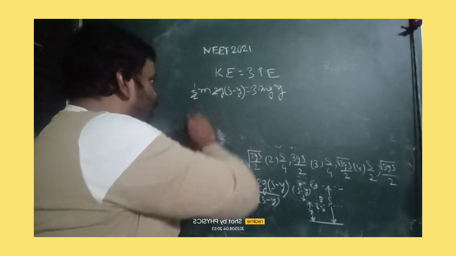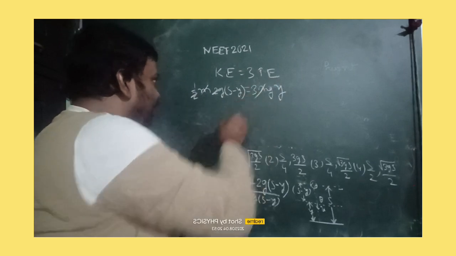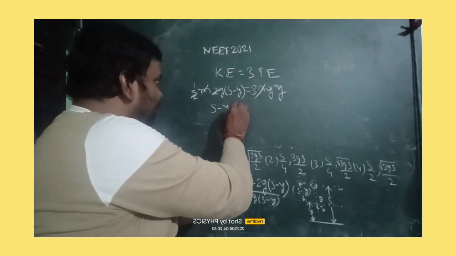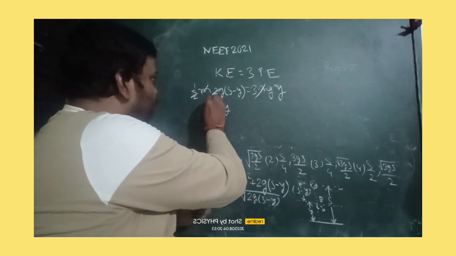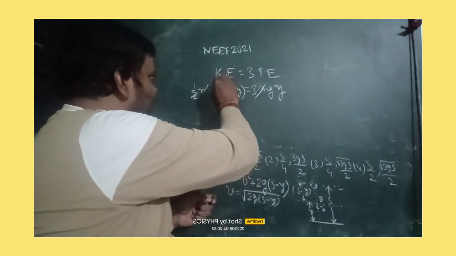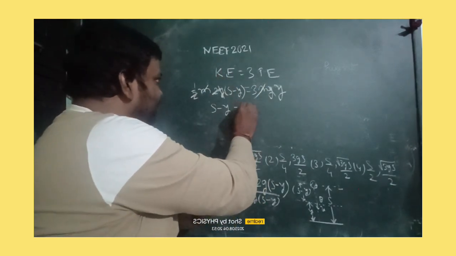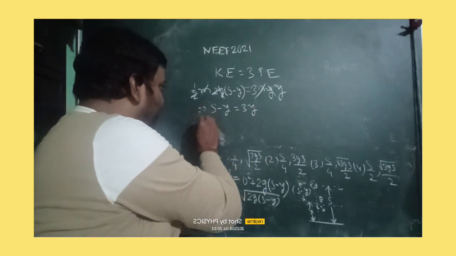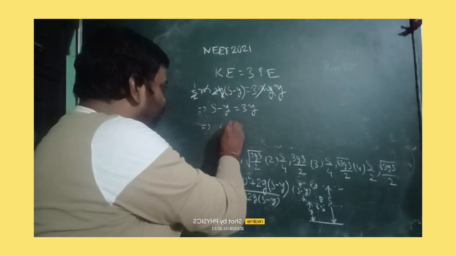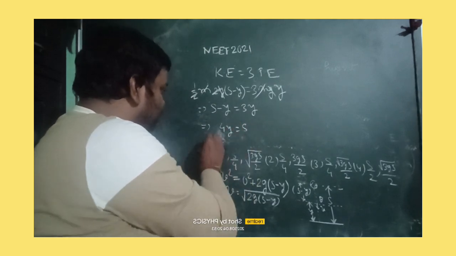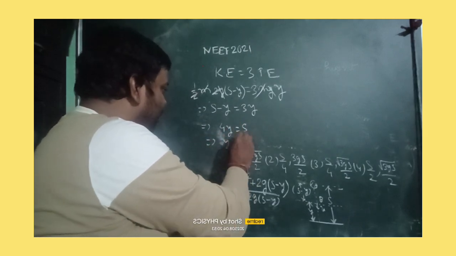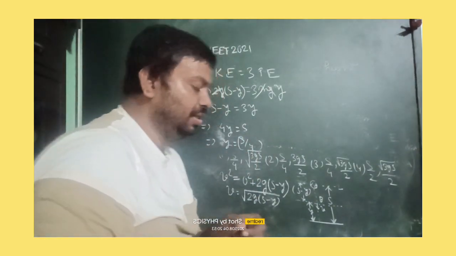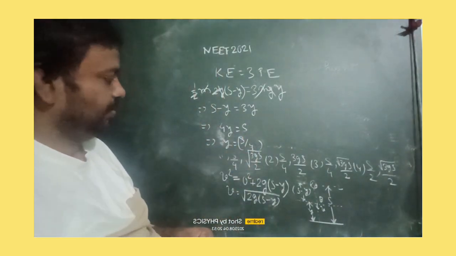Now cancel the 2, and the m, so we have s minus y into g, and g will cancel out. So s minus y equals 3y. Now here we have 4y is equal to s. So y is equal to s by 4. That is the height at which the kinetic energy is 3 times its potential energy.